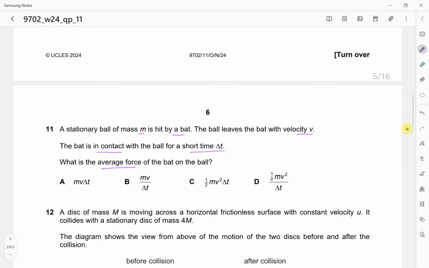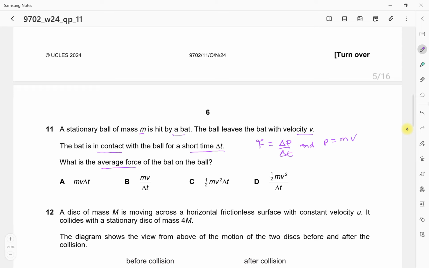By definition of force, force is equal to the rate of change of momentum. And of course, we know that momentum is equal to mass times velocity.